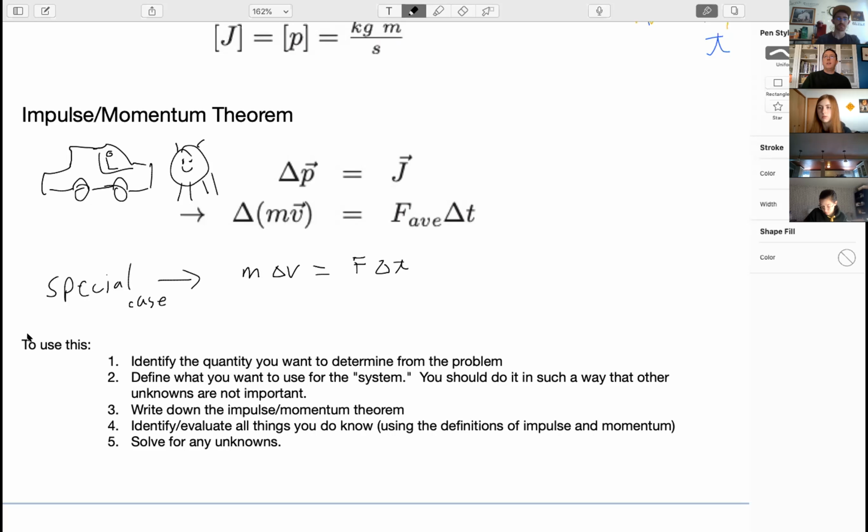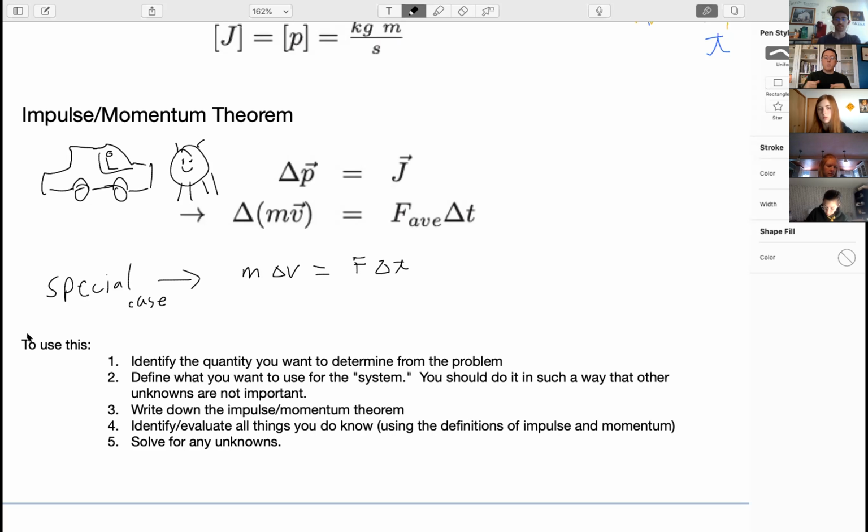If two objects collide, and nothing else acts on the two, so the only things in the problem are these two objects colliding, and they stick together and they move on. Let's say you're trying to find the final velocity after they stick together.